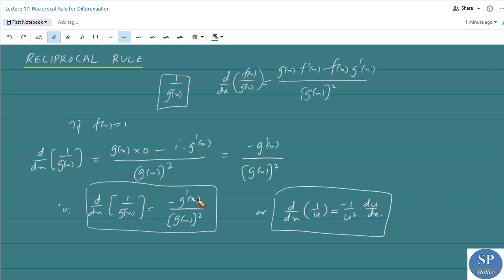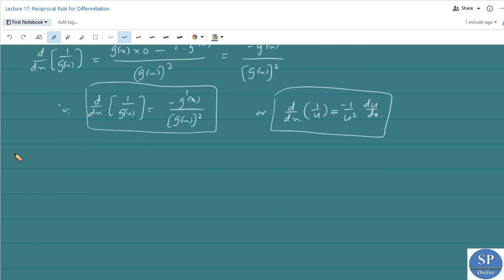Now let us discuss this rule with an example. Differentiate 1 by x cube plus 3x square. So here g of x is x cube plus 3x square.